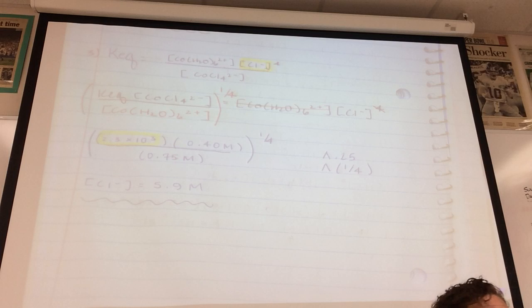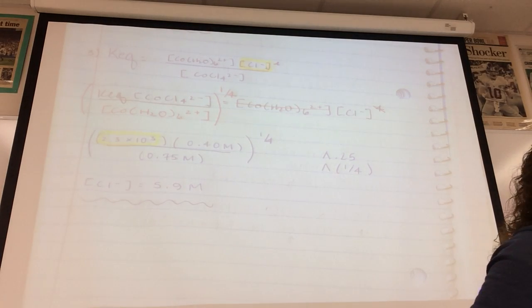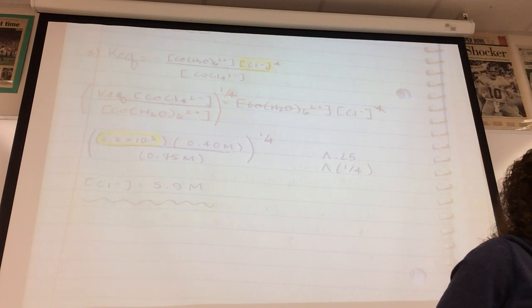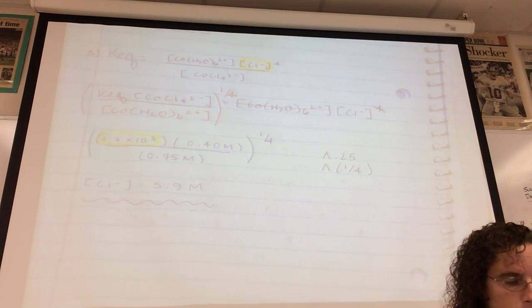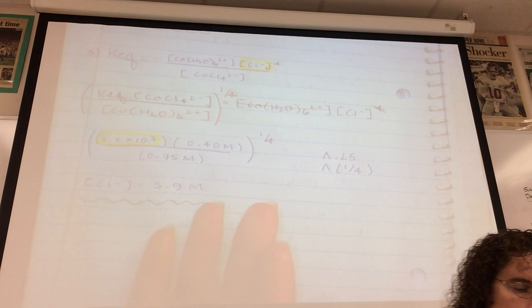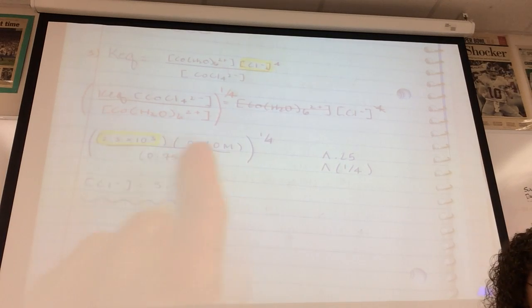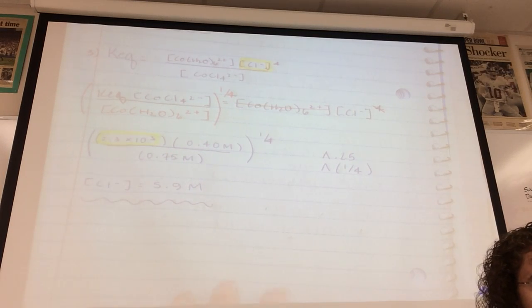Okay, so what we've done today is we've written KEQ expressions. We've solved them. We've interpreted them. And we're now getting somewhat comfortable with calculating concentration based on other concentrations in KEQ. Chemical equilibrium is when the rate of the forward and the reverse reactions are equal.